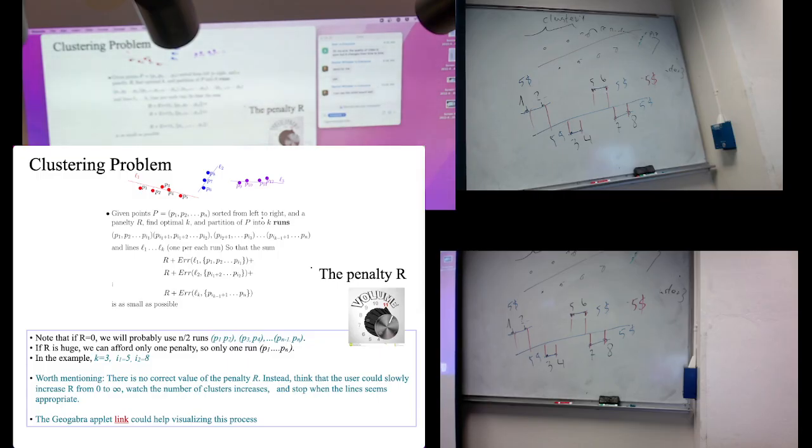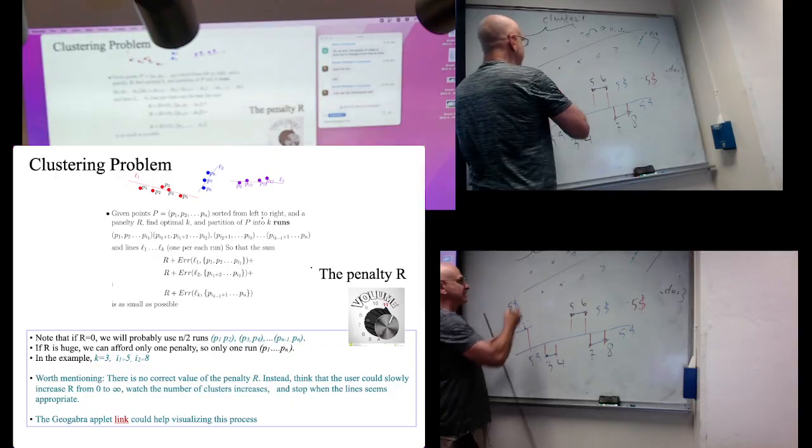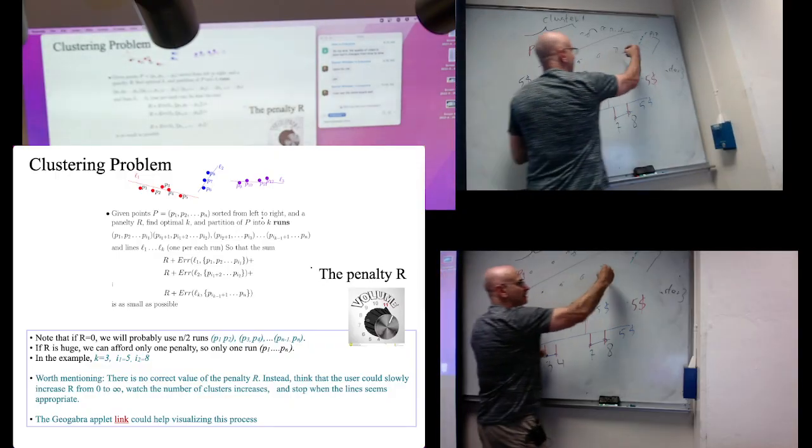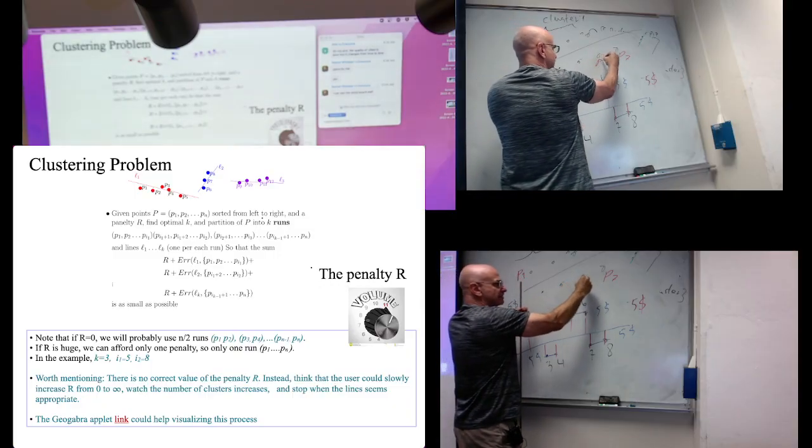When I think about a cluster, I'll always think about a contiguous set of points. My cluster will never contain P1, P7 but not contain P6.